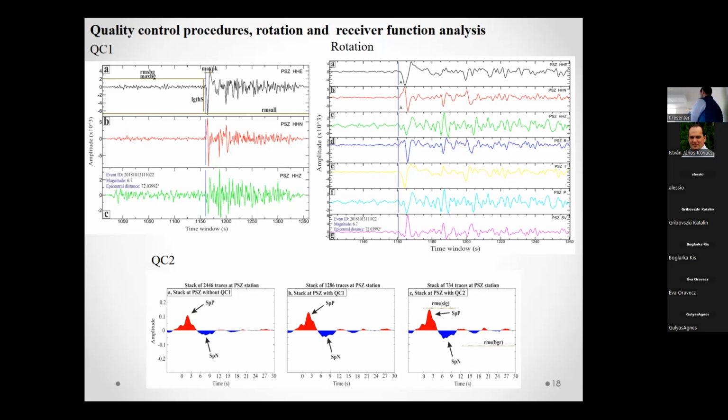And in the last step, we performed the quality control for the calculated S2P receiver function, where the first positive peak shows the Moho, and the first negative peak shows the LAB beneath the station. But this is not a LAB in all cases, therefore I call it in the presentation the negative phase depth of the receiver functions.